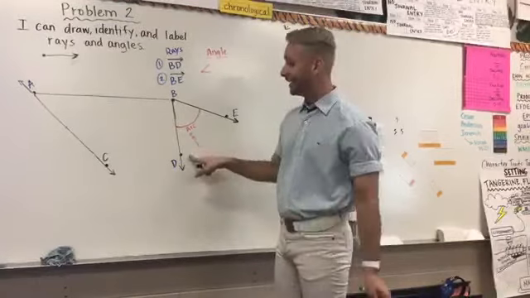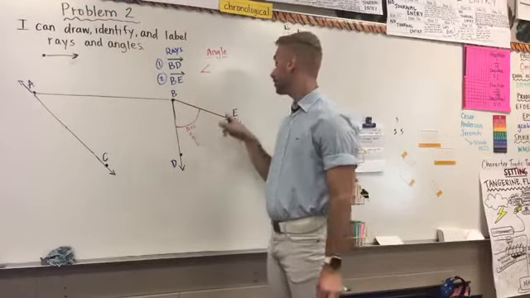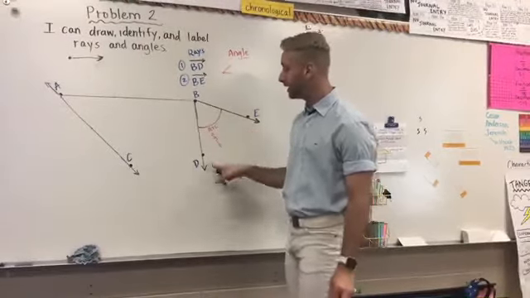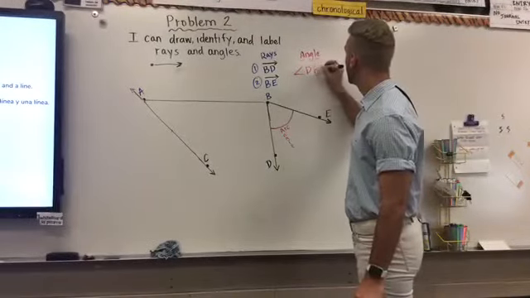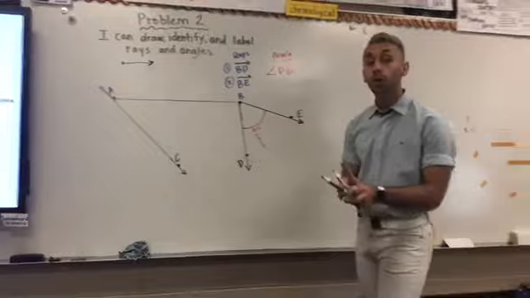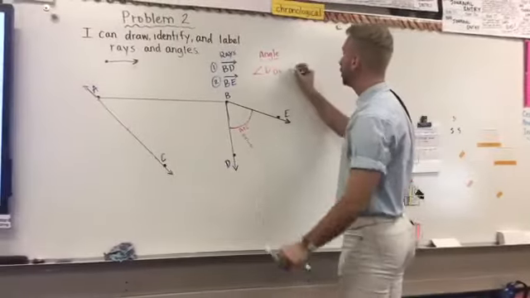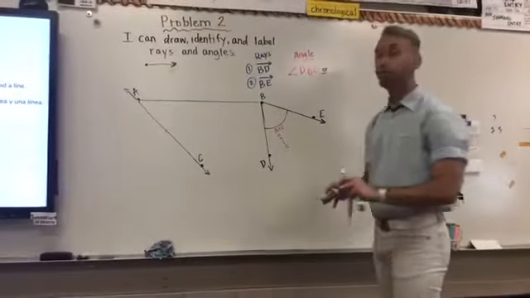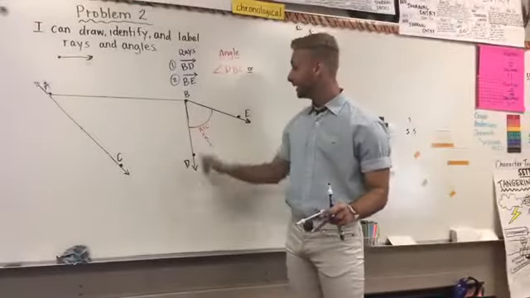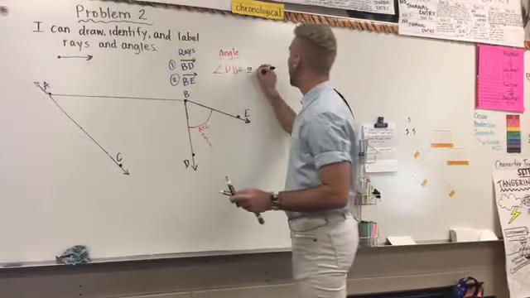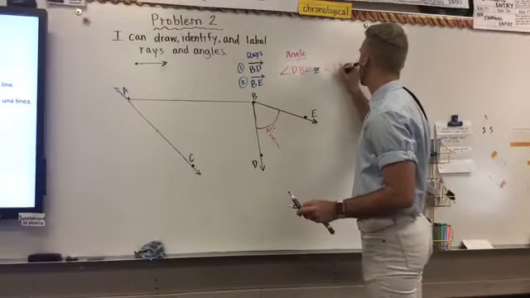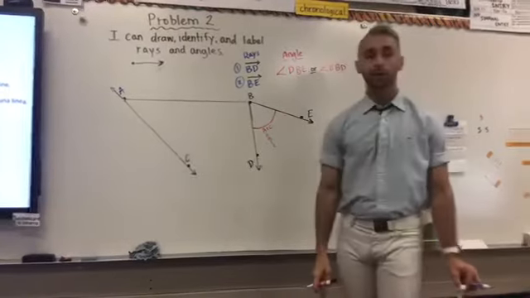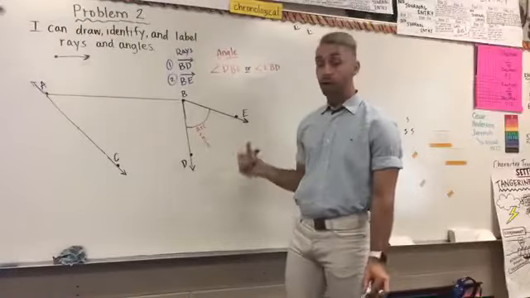So D, and then you go to the middle, and then you go to the other one that's not in the middle. So D, B, E. Or you could do it the other way. E, B, D. So angle E, B, D. That's how you draw an angle.